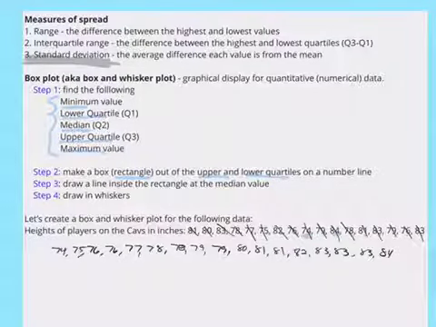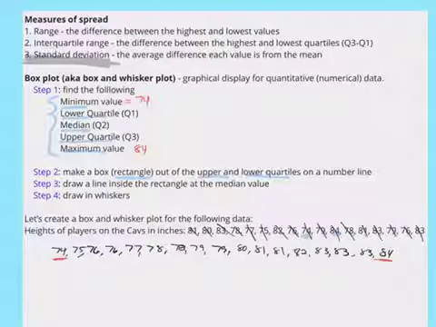So I was able to organize my list from 74 to 84, and then from there I'm going to go ahead and fill in my 5-number summary. So my minimum value is 74. My maximum value is 84.